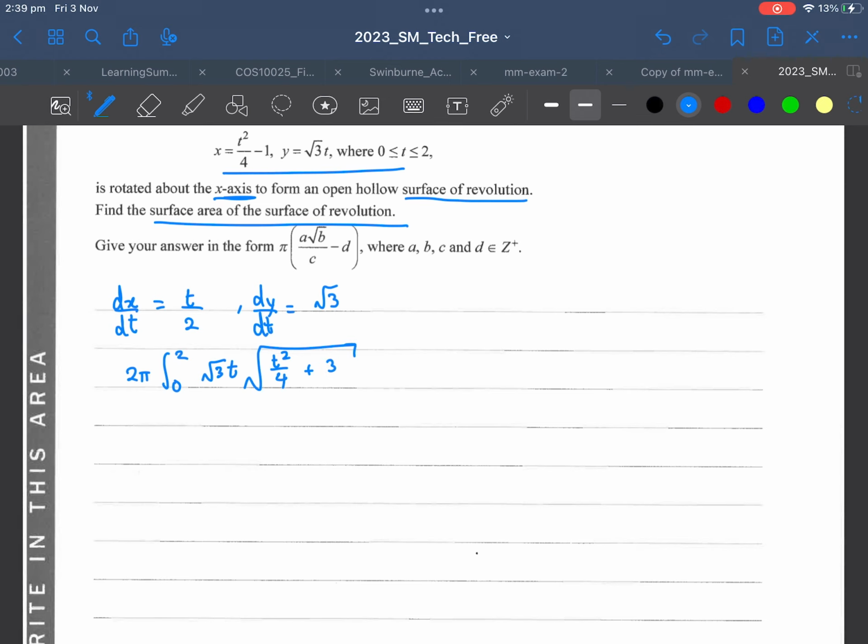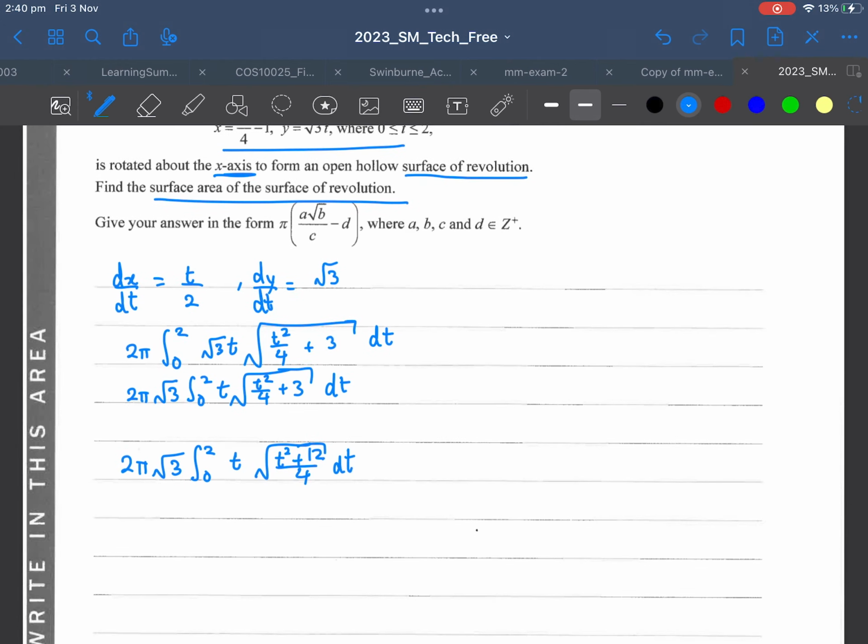So I'm going to now bring the root 3 out, so we will get 2 pi root 3, 0 to 2, and then t times t squared on 4 plus 3, and we'll then get 2 pi root 3 times 0 to 2 t times t squared plus 12 on 4 dt. I forgot to write dt.